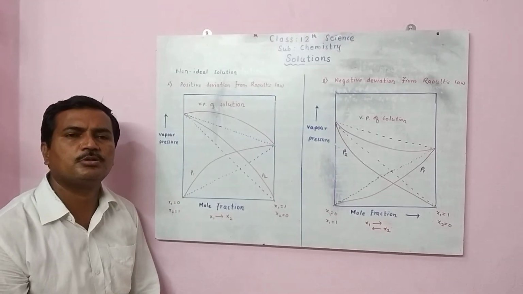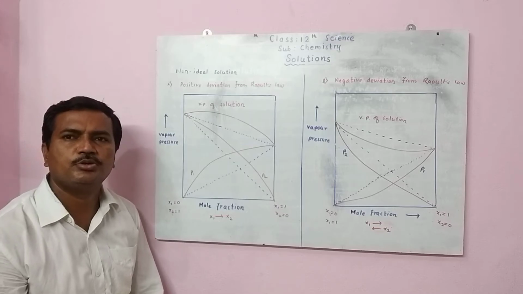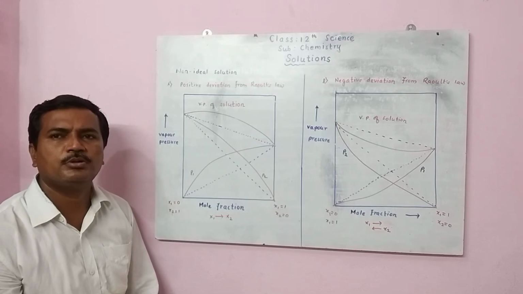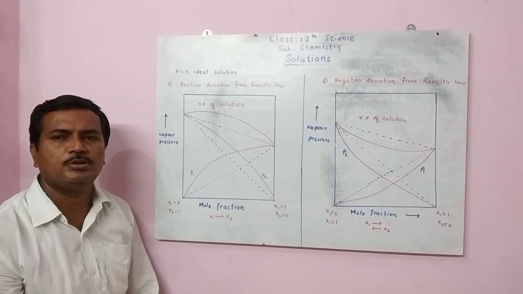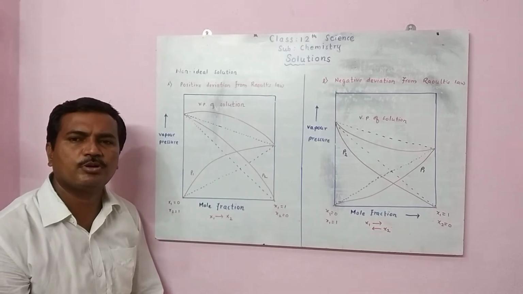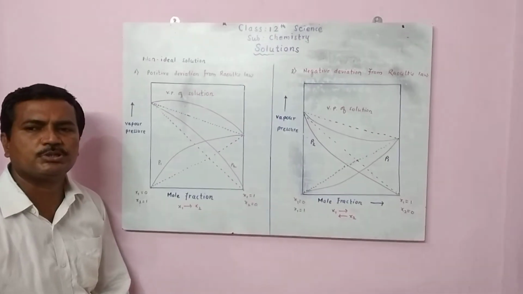Non-ideal solution. These solutions do not obey Raoult's law. The vapor pressure of the solution can be higher or lower than that of the pure components. Then, deviation from Raoult's law. This solution shows two types of deviations.